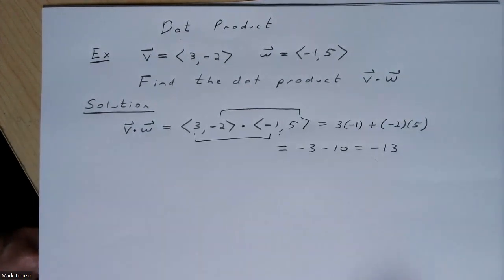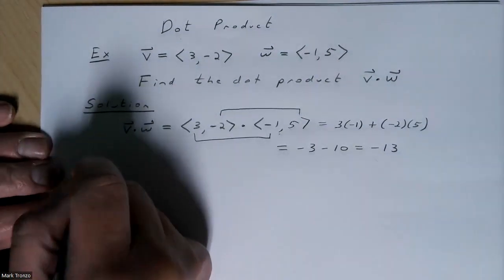Now, the dot product may be used on vectors of any dimension as long as they're the same dimension.